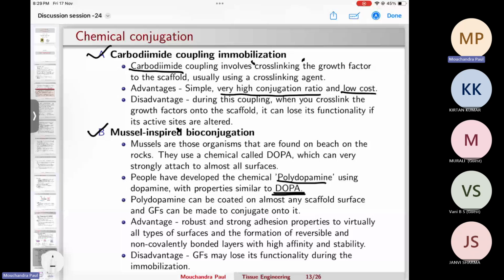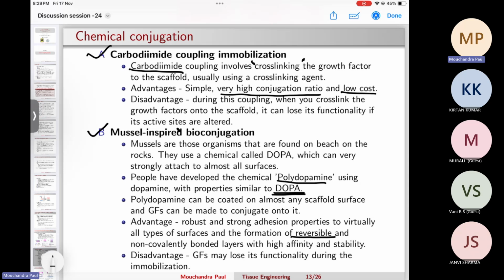The binding that happens between the growth factor and the scaffold is reversible. So it is not like your growth factors won't be released at the site. Here strong adhesive bonds are there, so that is why reversible is possible. Chemical covalent bonds are not being formed.